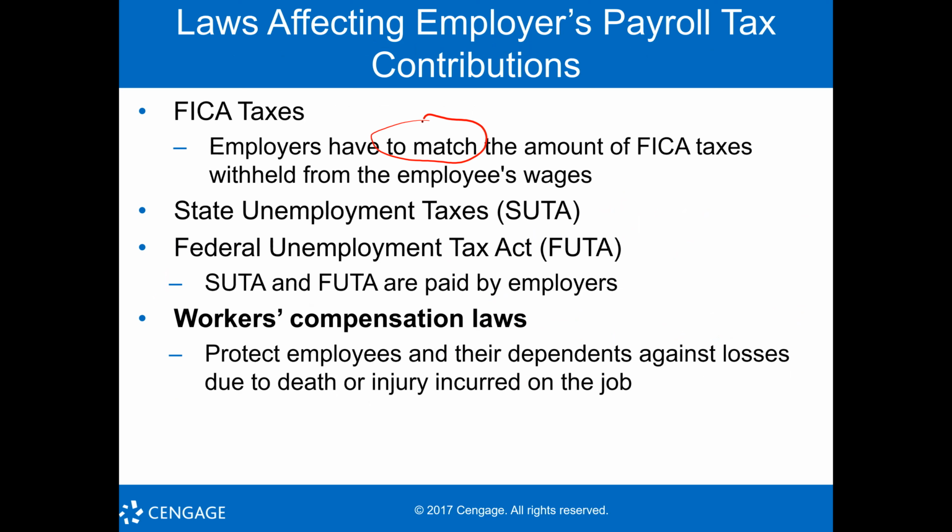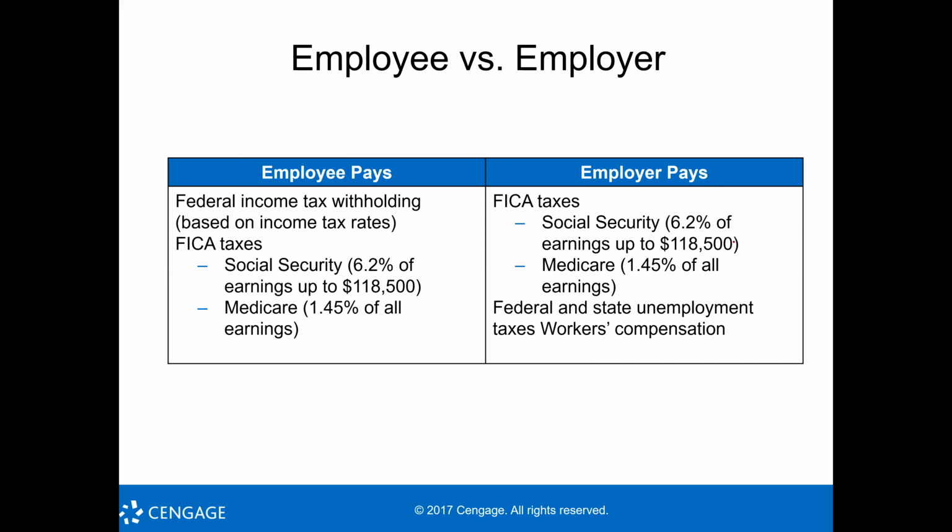And then your book also discusses workers' compensation laws, and workers' compensation is just there to protect employees and their dependents if they're hurt on the job. So anyway, we're going to get practice calculating all these. I think the numbers that we're going to use in our textbook for state are 5.4%, and then for federal 0.6%. I'm pretty sure that's the numbers that we use in your textbook, but anyway.